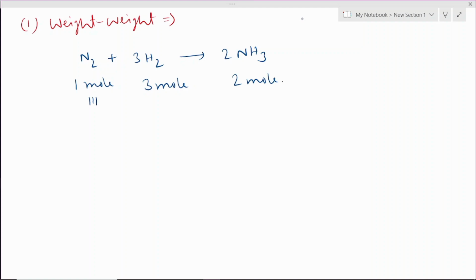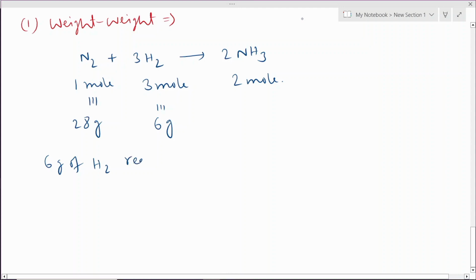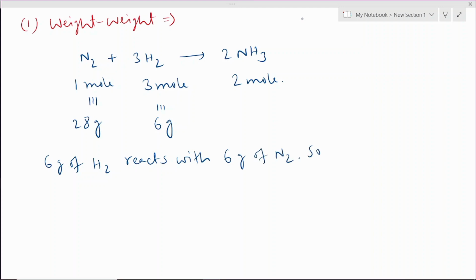So here it is 28 gram, it is 6 gram. So we consider the masses of the reactants.